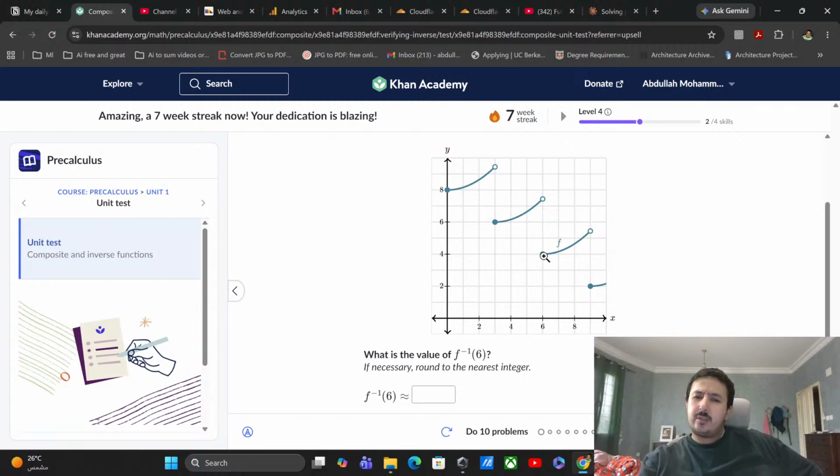That's 4 to 6. That's 4. That's 6 to 4, which means the inverse is 4 to 6. Okay? So what I need is 3 to 6. I got the inverse of 6 is 3. It's 3 here. So it's gonna be like this, I reckon. I'm gonna go with 3.